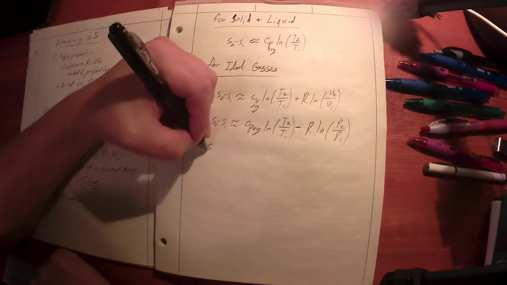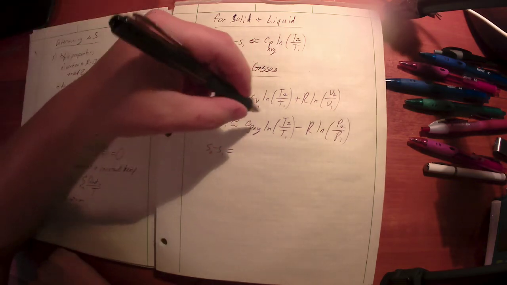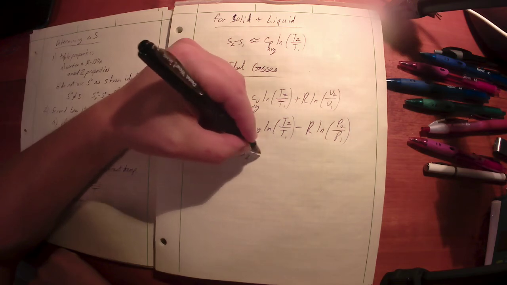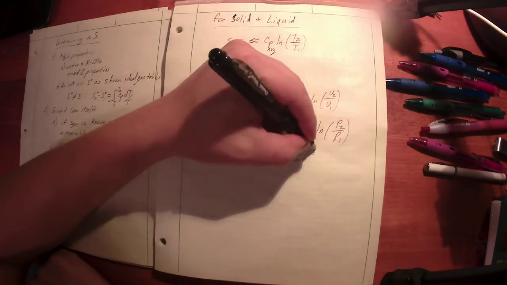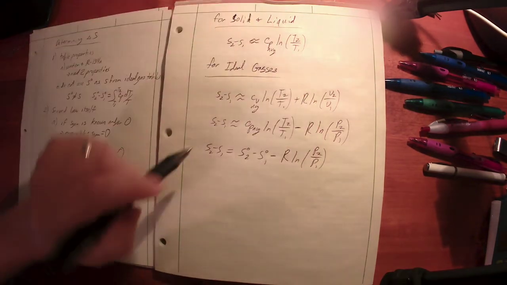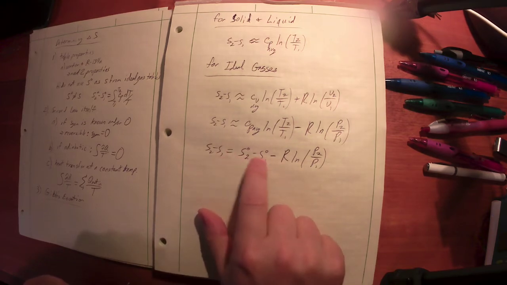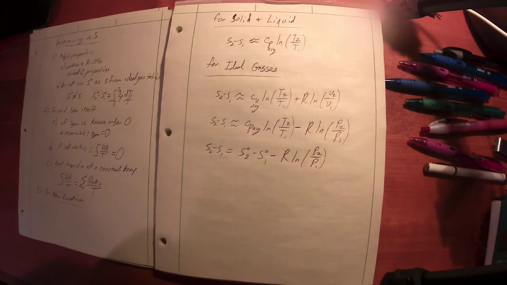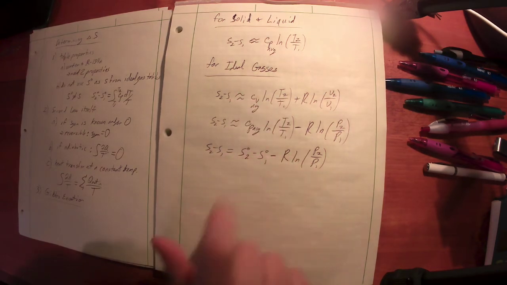And if you don't like using the specific heat at the average temperature, if I know the pressures, I can say that this is equal to S degree 2 minus S degree 1 minus R ln P2 over P1. This replaces this. This is an actual equal sign. These are table properties that I can pull out of the tables. This is an actual equal sign because these are exact values. This is an approximate value. Okay? So this is an approximation. This is an exact solution.